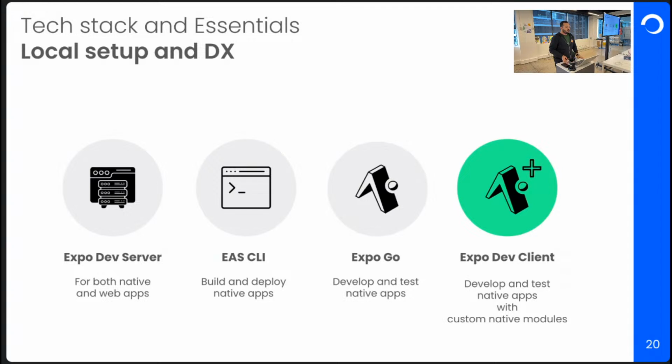Then the third one is the interesting part. This is the Expo Go application. This is a free app provided by Expo, which is available on Play Store and App Store. You can just download the app on whatever Android or iOS device you have, and use that to do your local development. You don't have to get a physical device, you don't have to have a proper test device or anything.